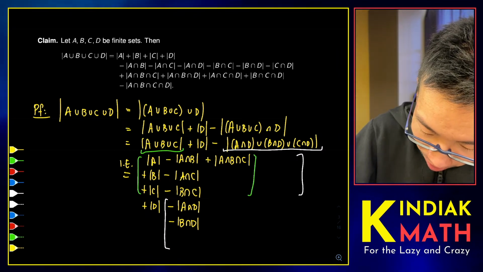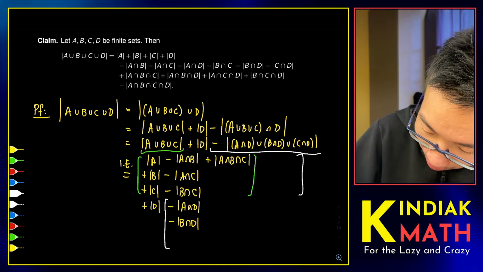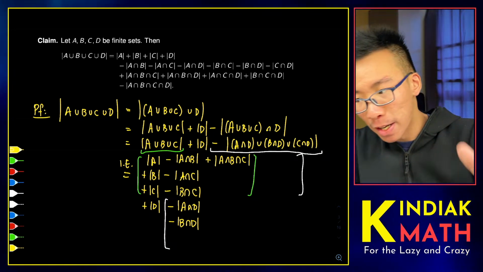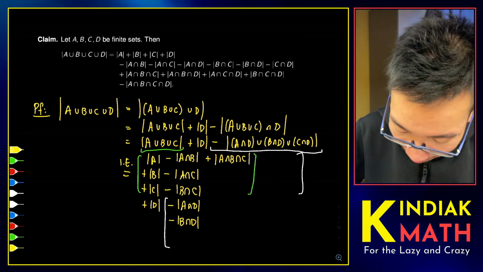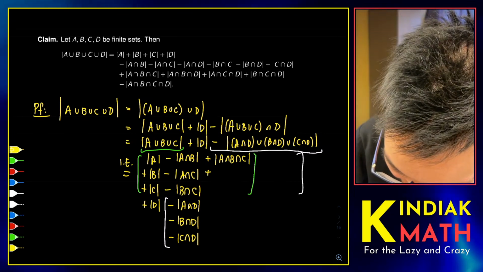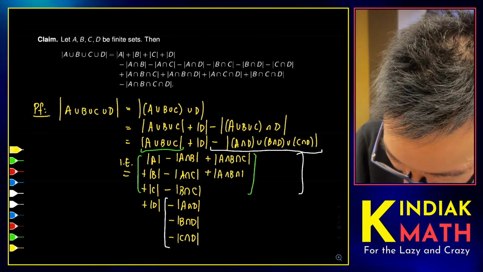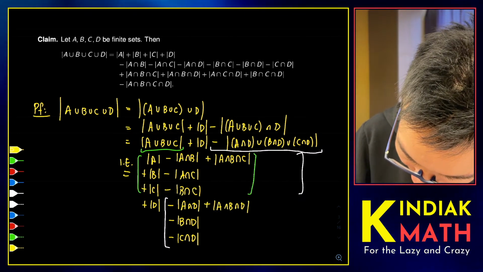Let me include the negative symbol in the calculation. So if you expand out using the inclusion-exclusion principle for 3 sets, this is what's going to result. This will materialize over here. This should come at the bottom. Okay.